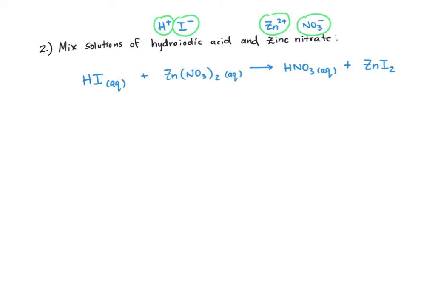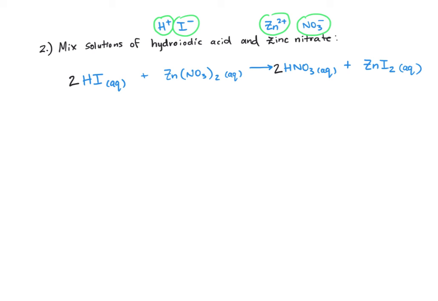According to our solubility rules, iodides are soluble except when silver, mercury, or lead are present, and since zinc is neither silver nor mercury nor lead, this must be soluble or aqueous. From here, we can balance our equation. We'll need a coefficient of 2 out in front of our hydroiodic acid. We'll need a coefficient of 2 in front of our nitric acid to balance everything out.